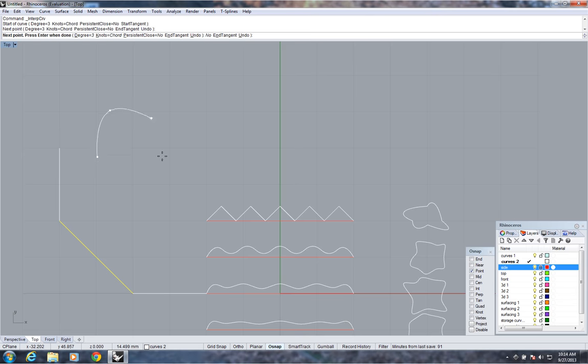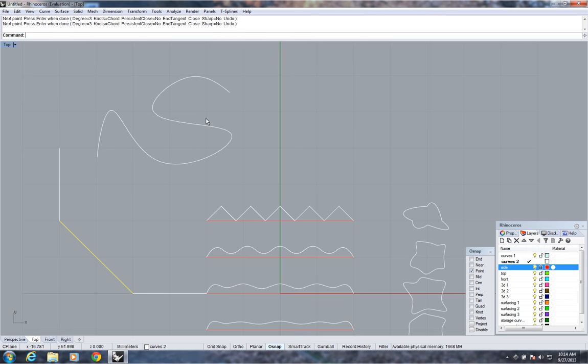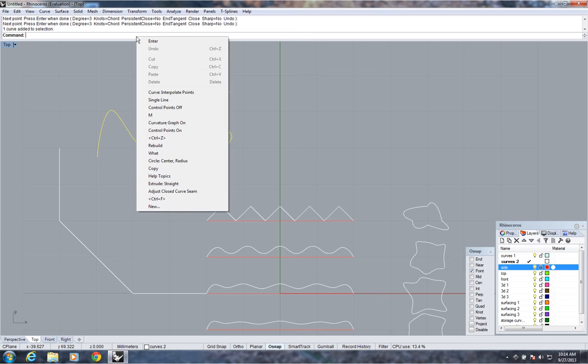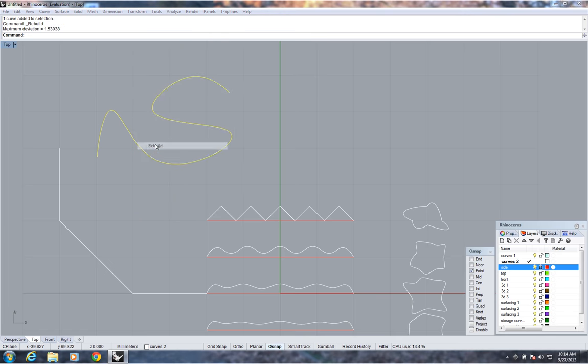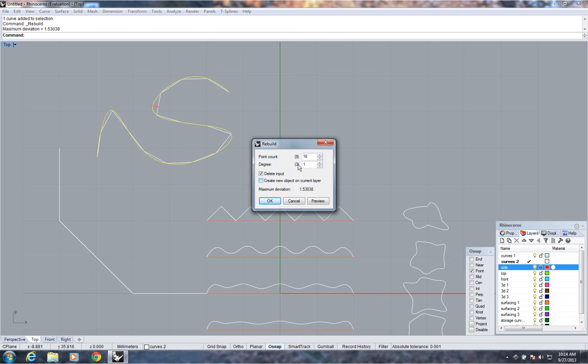I'm just going to draw something. I'm going to rebuild it. And here's a tip, guys. I rebuild almost every curve I draw. Right now it's a third degree curve. Told you it would be. Rhino loves third degree curves with 9 control points.